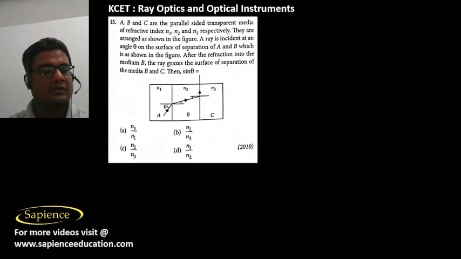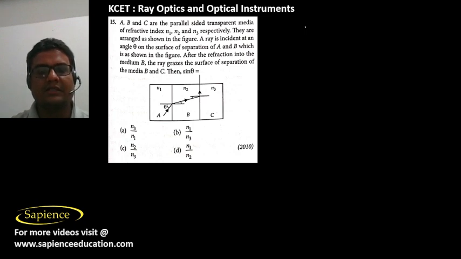Then in question number 15, it is told that A, B and C are parallel sided transparent media of refractive index N1, N2 and N3, arranged as shown in the figure.